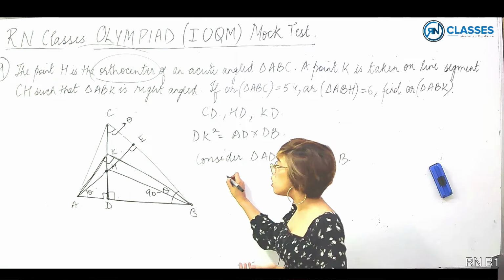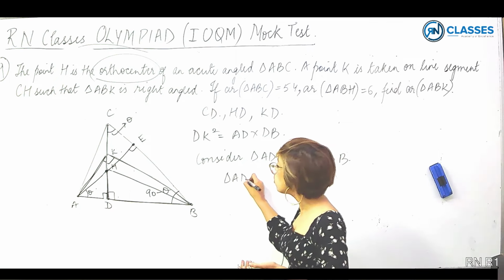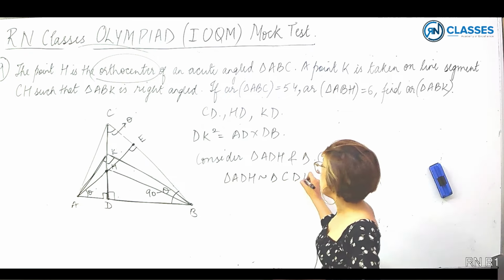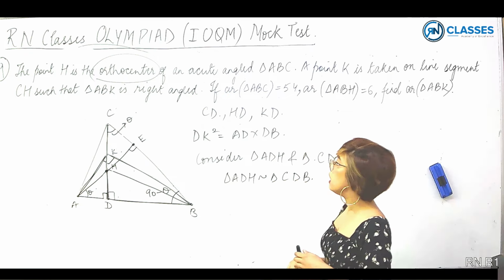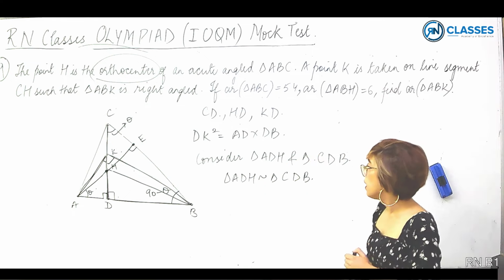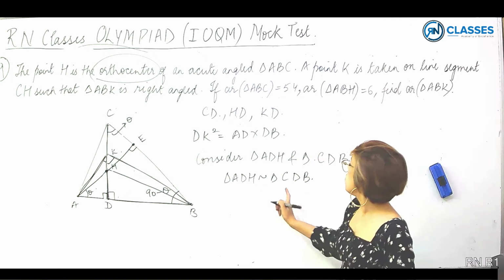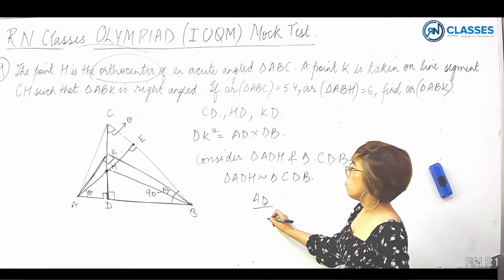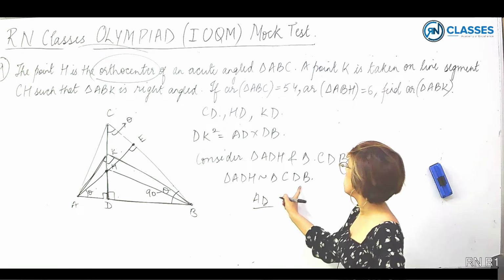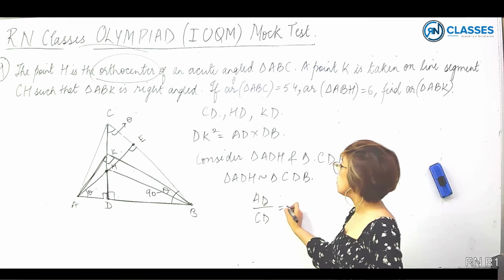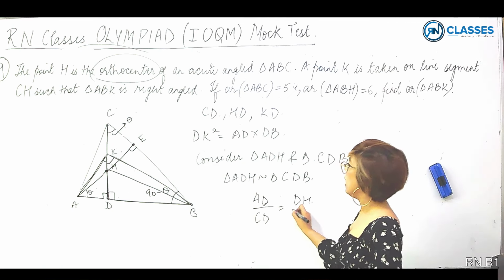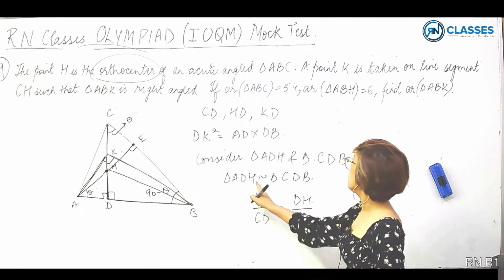Right? So, let me write correspondingly now. So, ADH is similar to triangle CDB. Oh, मैंने correspondingly लिखा था, unknowingly. Okay, right. So मुझे AD into DB चाहिए, so AD by CD is equal to DH by DB.